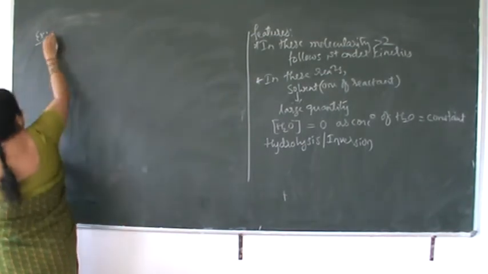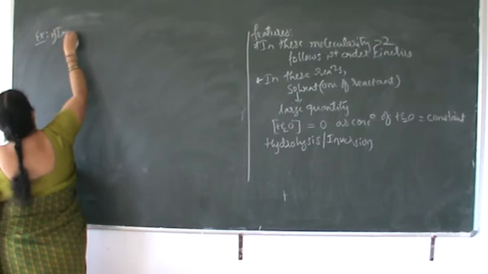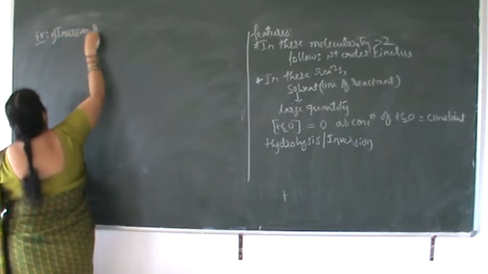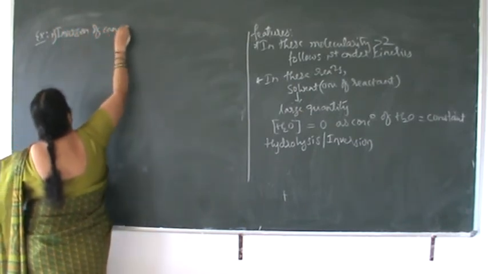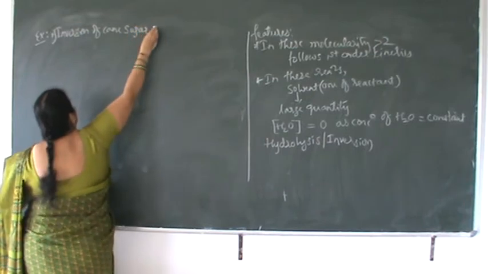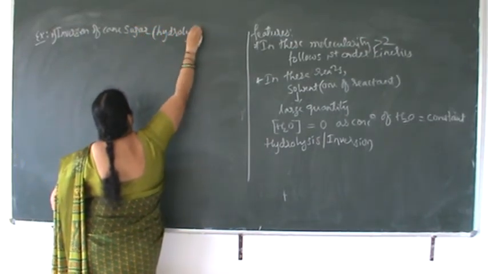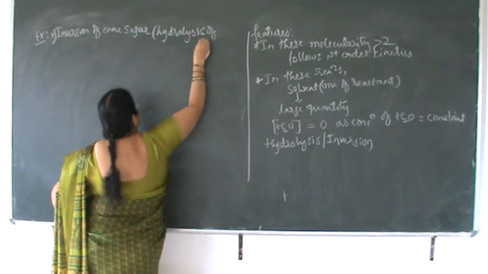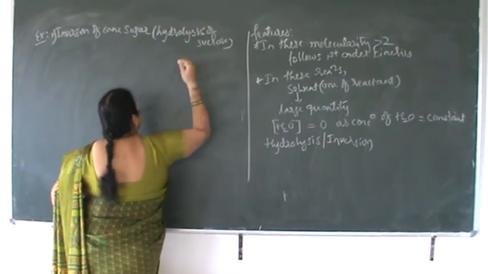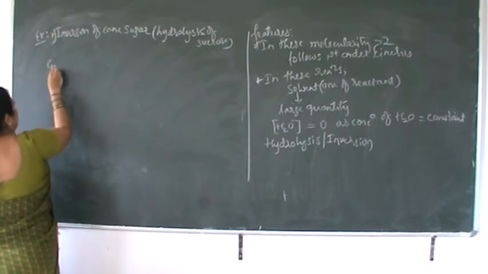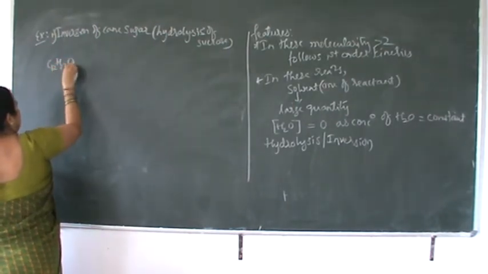For example, the first one is the inversion of cane sugar, or hydrolysis of sucrose. The reaction is C12H22O11.